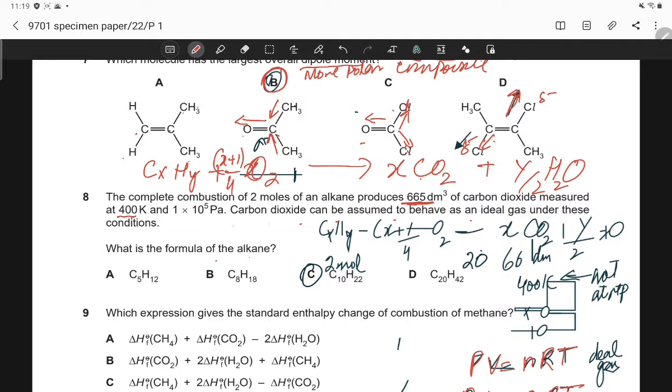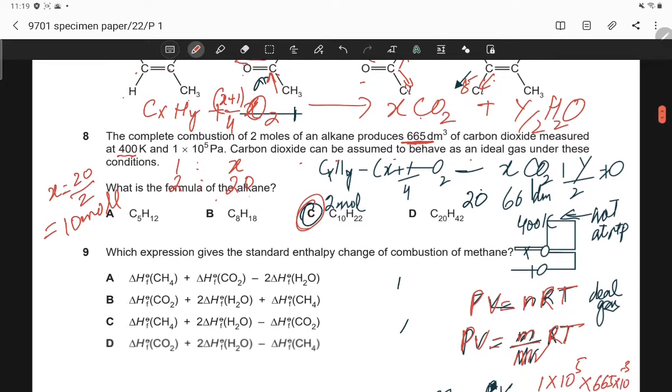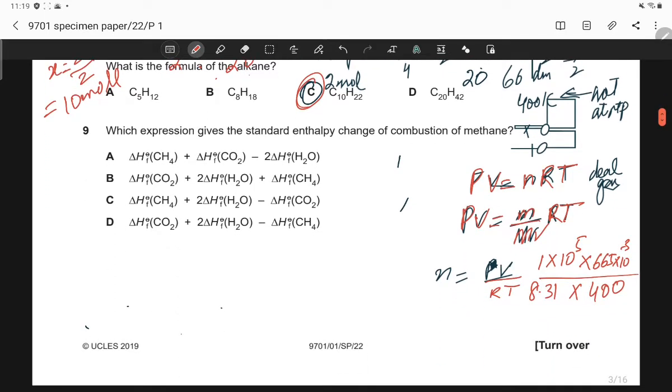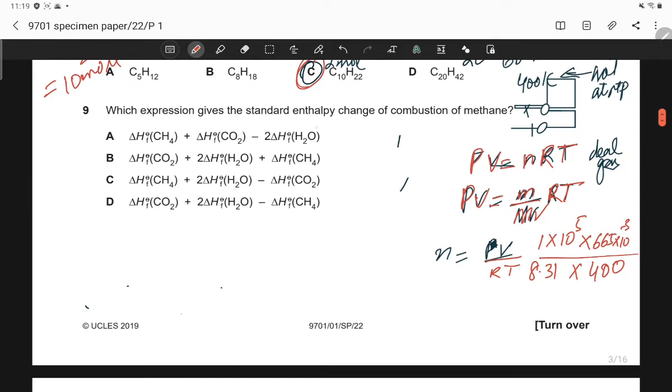So CxHy, 2 moles of alkane, is 1 mole to x ratio, and 2 moles to 20. So the moles of x is equal to 20 over 2, that is equal to 10 moles. So the answer is 10 carbons and 22 hydrogens. This is the best option, C10H22.